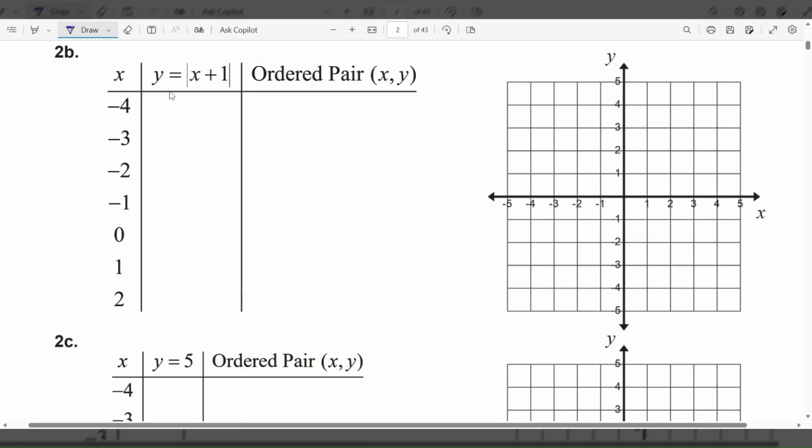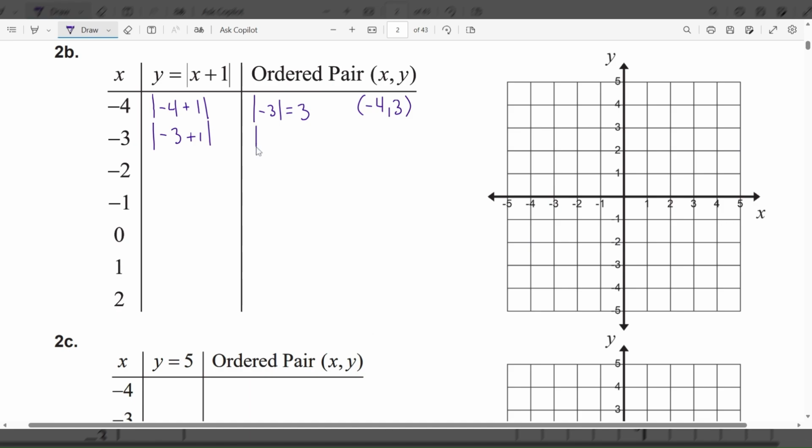Now let's look at 2b. Same thing, we're going to substitute. So the absolute value of negative 4 plus 1, which is the absolute value of negative 3, which is 3, which gives me the ordered pair negative 4, 3. Absolute value of negative 3 plus 1.